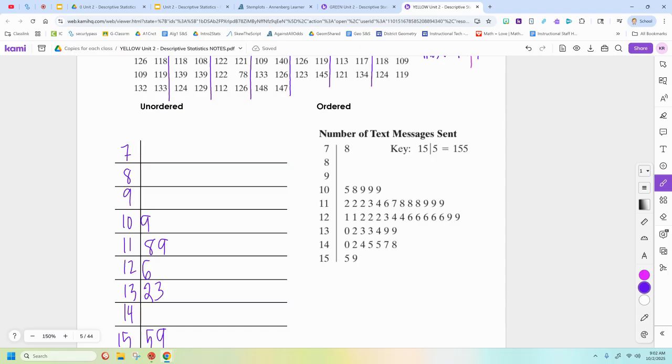To take the time to do this one is pretty laborsome. The other thing is when you're physically writing numbers, you might not space them out perfectly. So it's nice to have technology or a grid to help you make your stem and leaf plot, so you can really see the shape. Once again, they picked a piece of data to use as a key, so don't forget that. And then our title, number of text messages sent, good enough.